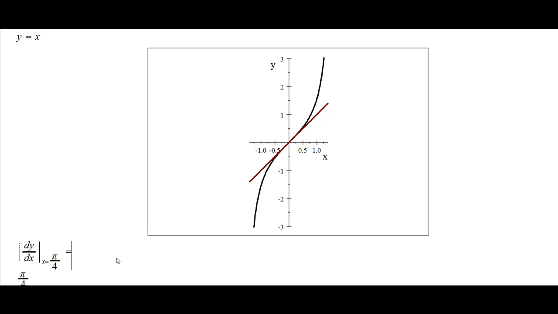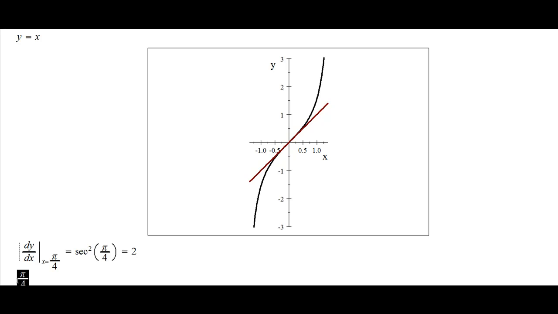That will be secant squared pi over 4. Remember cosine of pi over 4 is the square root of 2 over 2, so we expect it to be 2, and it indeed is 2.